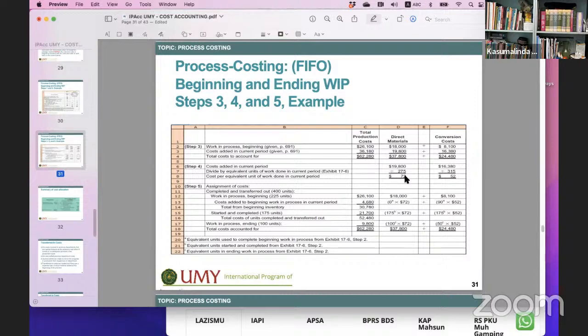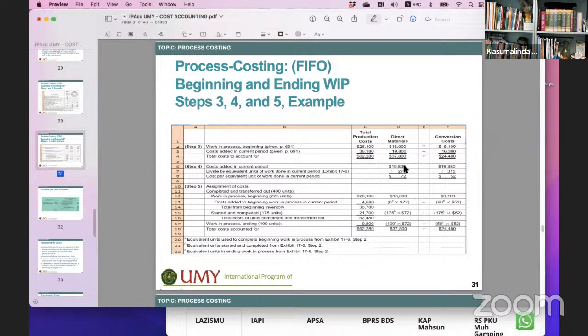But for the cost per equivalent unit, we only take the current month cost added in the current period: direct material 19,800 and conversion cost 16,380, and we divide by the equivalent units for the current period.